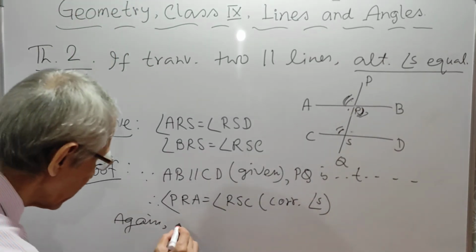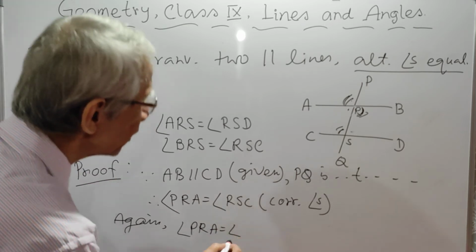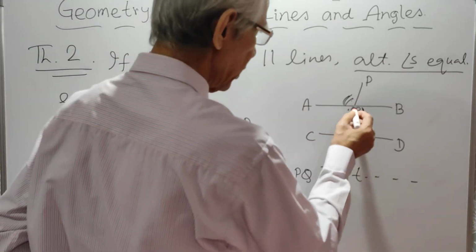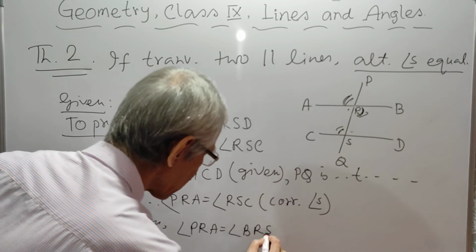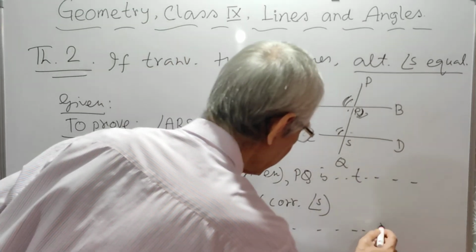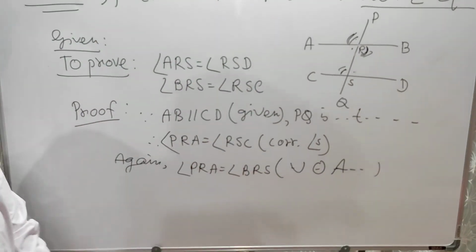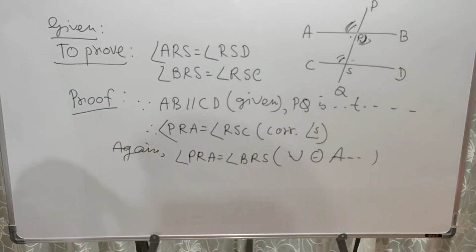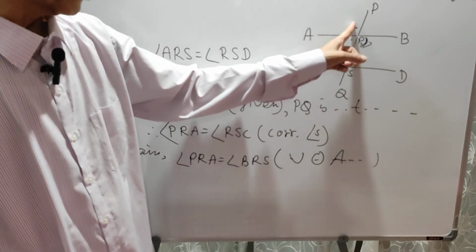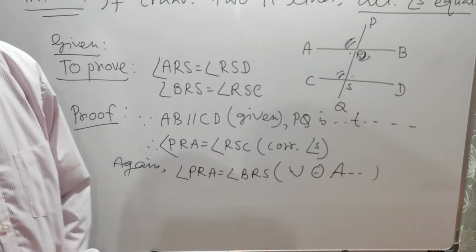Again, PRA is equal to which angle? This angle, that means BRS. What reason? Vertically opposite angles, VOA, in brief. So these two are equal because they are corresponding angles, and these two are equal because they are vertically opposite angles.